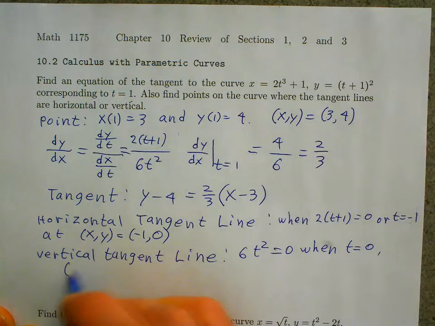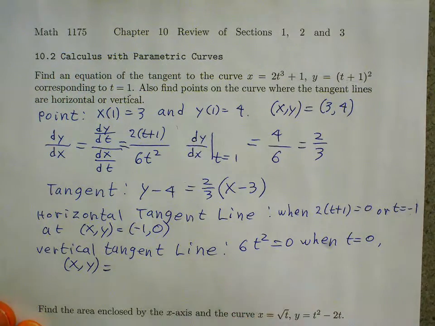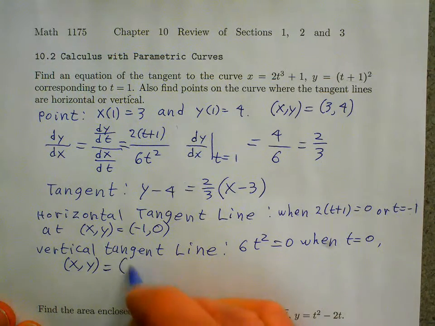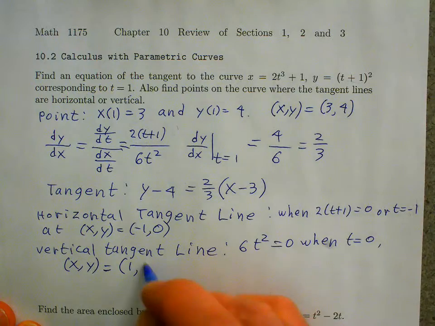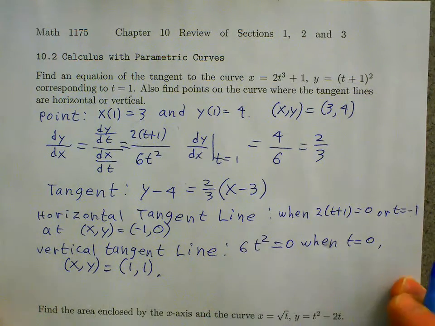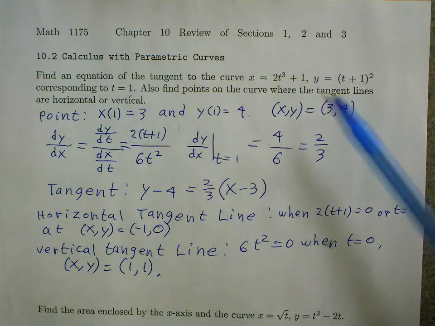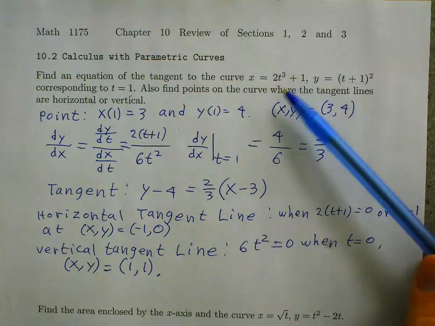And the ordered pair of the point when t is 0 is 1 for x and 1 for y. So even though we could guess what the graph of that looks like, it's sort of hard to visualize because of the powers involved.